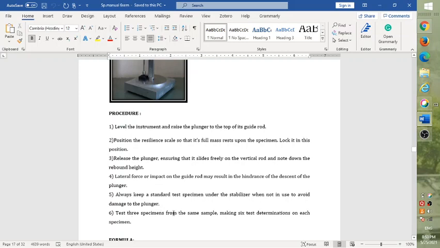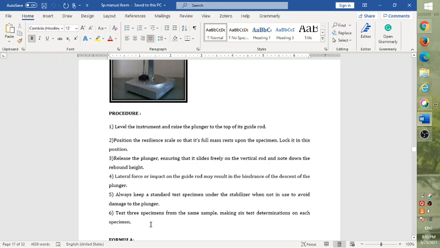Test 3 specimens from the same sample, making 6 test determinations on each specimen. So what he's saying is that you take 3 specimens. Suppose you are testing SBR, styrene butadiene rubber, so take 3 samples of it.